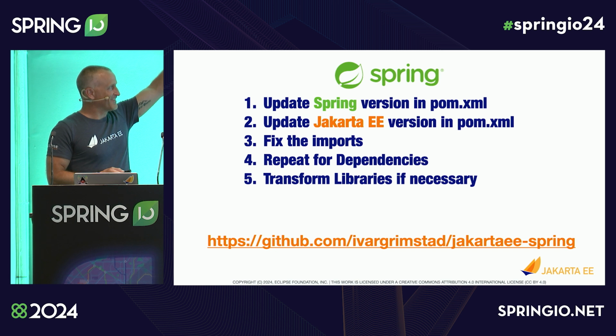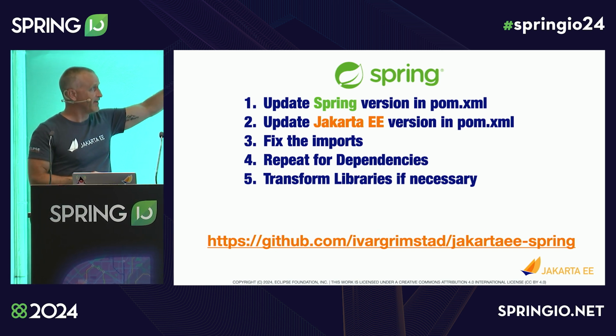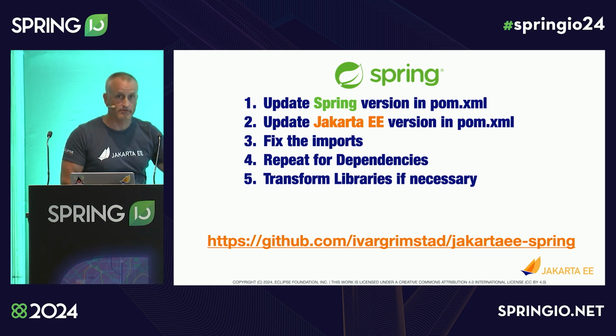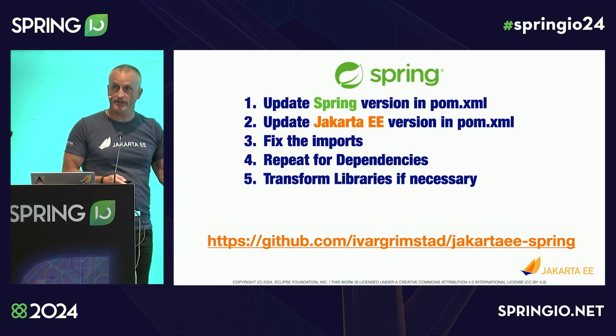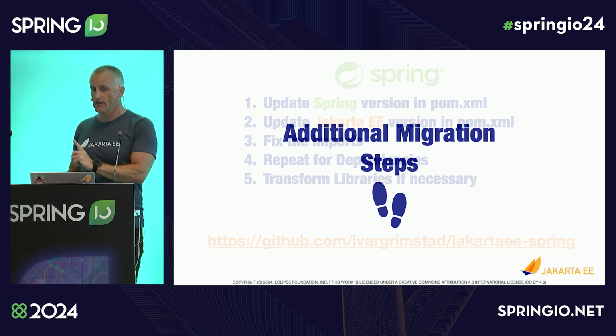So the manual steps there are: update the Spring version and Jakarta versions, that's a simple thing; fix the imports; repeat for all the dependencies, nest it all the way, and transform as necessary. There may be some additional steps as well.